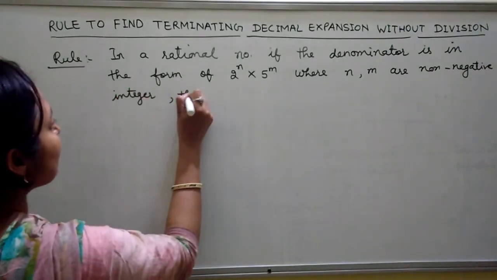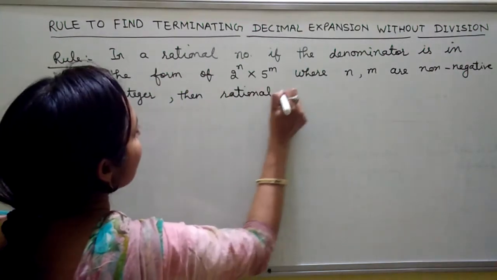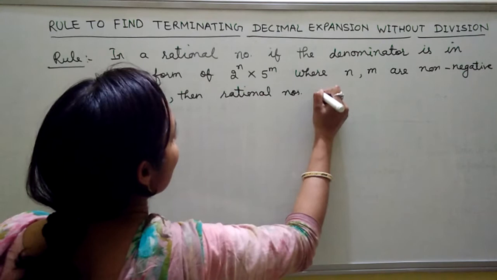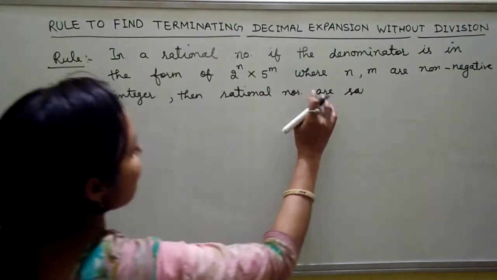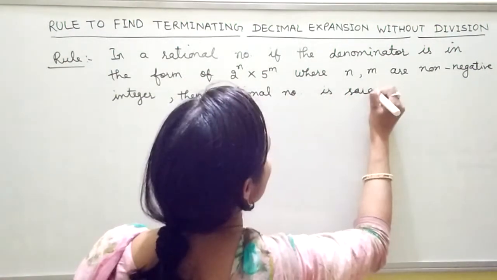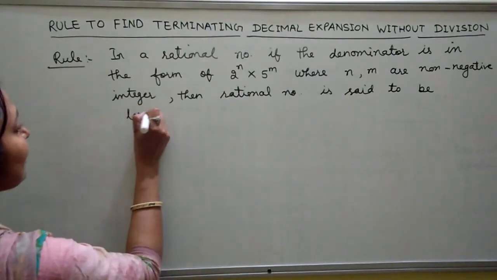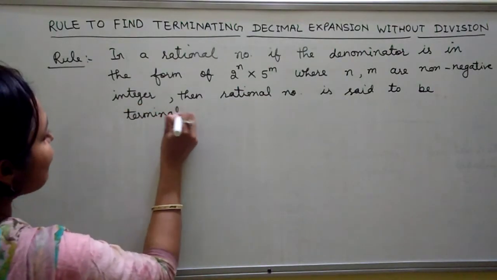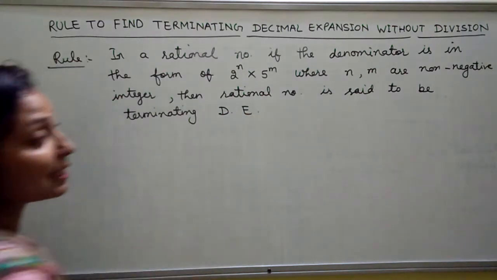then that rational number is said to be a terminating decimal expansion.